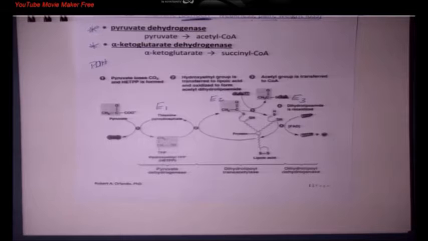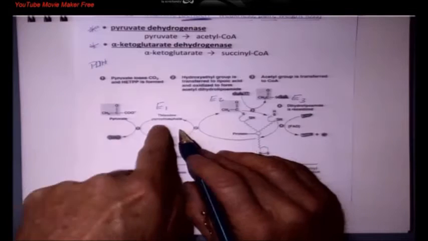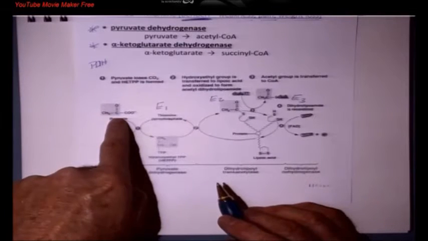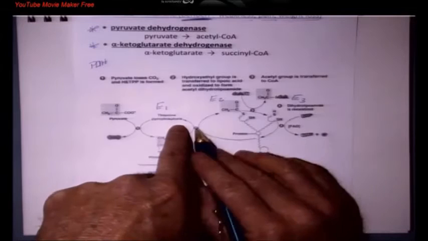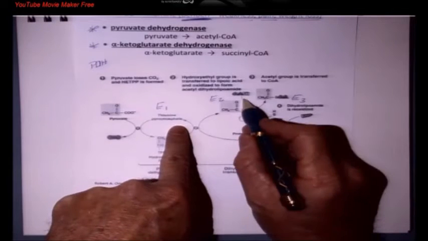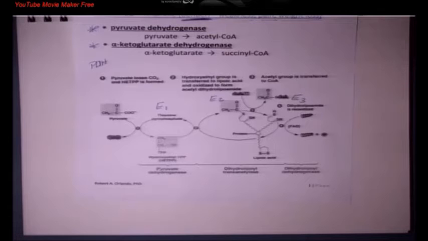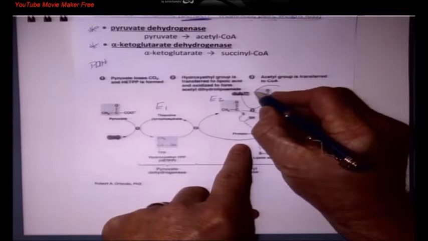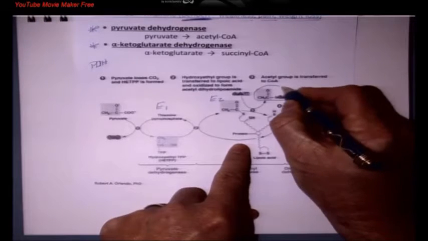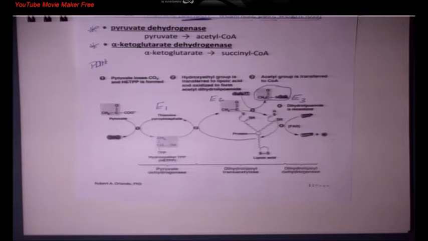After that, what's left is an acetyl group, and that acetyl group now, which is in this box, is handed off to E2, and then E2 does something to E3, and then what we magically get out at the end is acetyl-CoA.